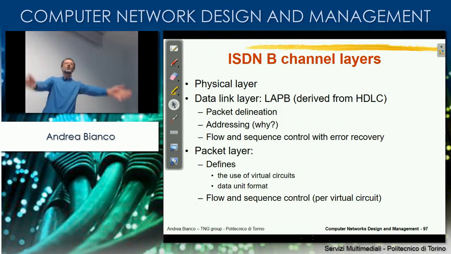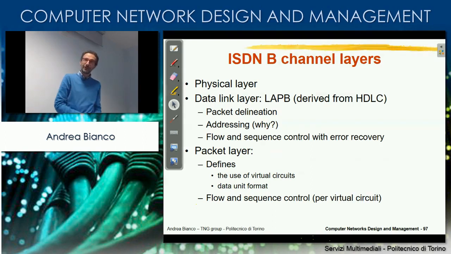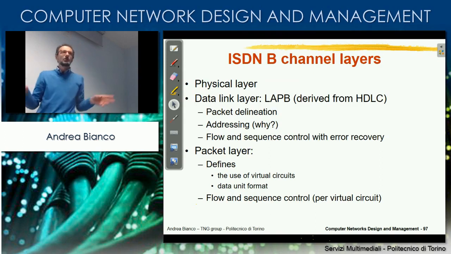First of all, not always when you define an architecture are you going to use the full protocol set that you have defined in your network. Sometimes you use just a subset of those layers. So you may, for example, end up in some architecture using layer 3 of X25 to create virtual circuits on top of another layer 2, which may not have these functionalities. This typically happens, and this is due to many different reasons. You need to keep compatibility with previous networks that are running, and for several reasons.